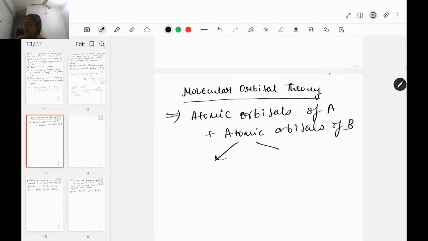One is the bonding molecular orbital, BMO, and the other is the anti-bonding molecular orbital, ABMO.